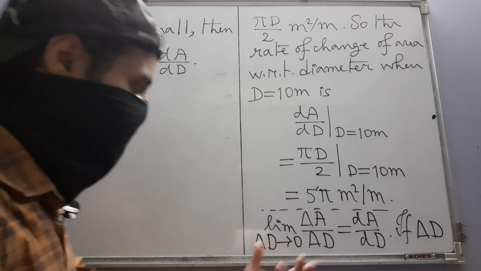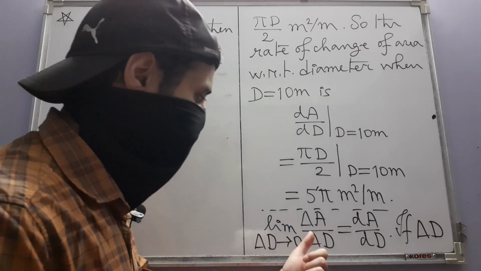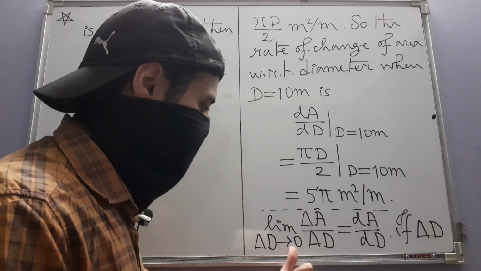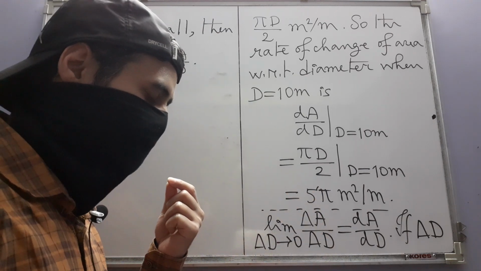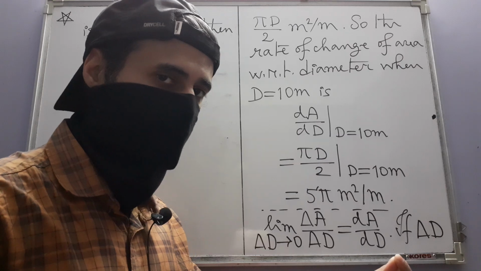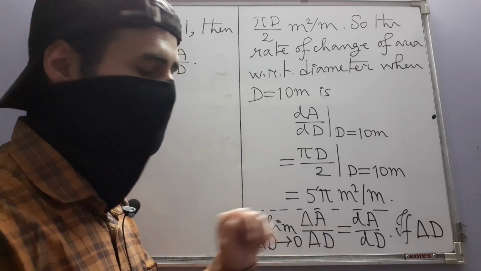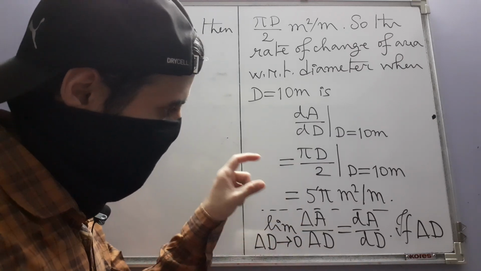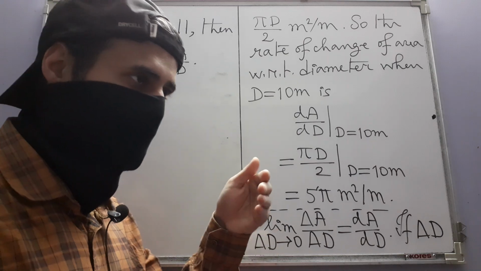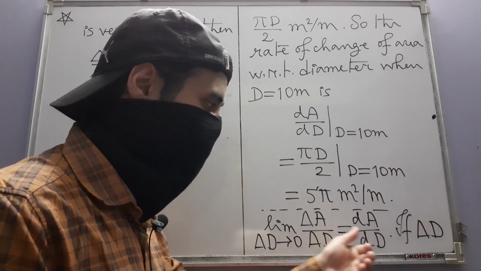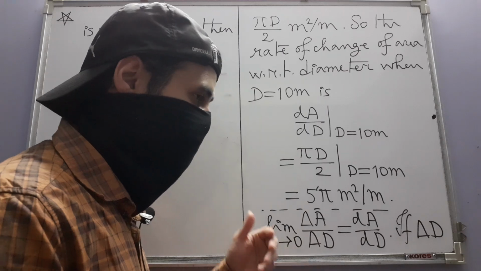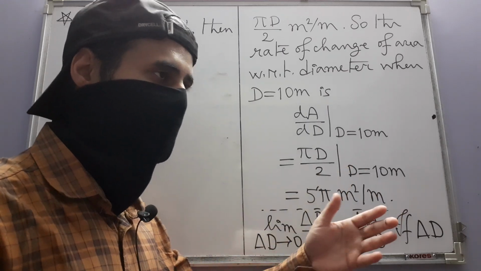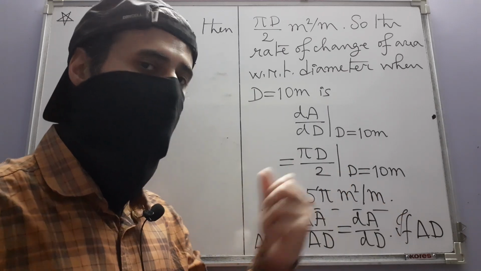Why? Because that's what this thing is now. As your delta D becomes smaller and smaller, these ratios go towards a limit. So for infinitely many delta D values, you will get infinitely many ratios, and they are approximating the actual real number, which is the derivative. So as you choose your delta D smaller and smaller, this approximation becomes better and better.